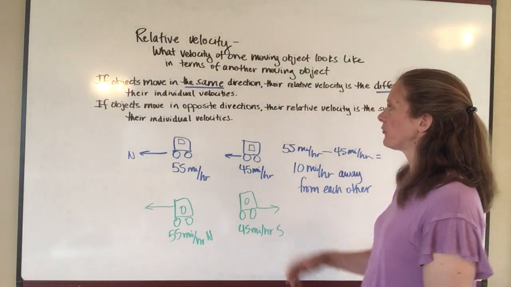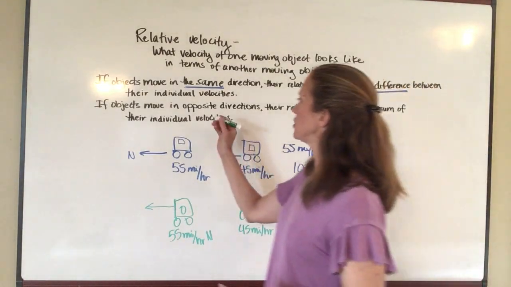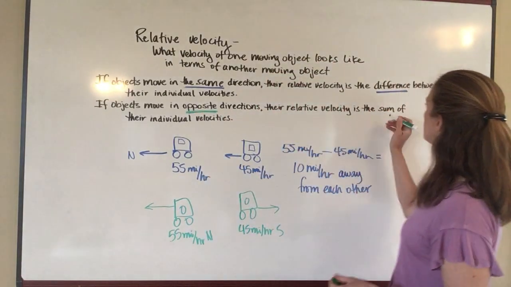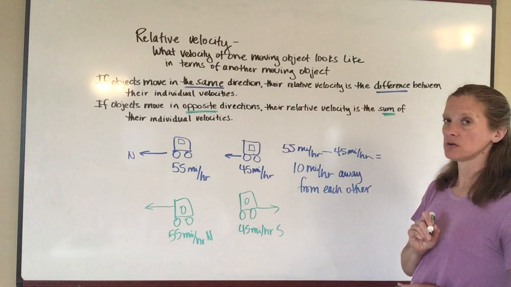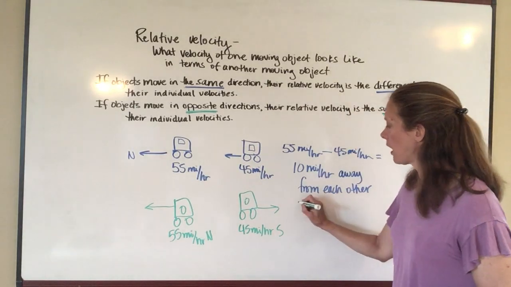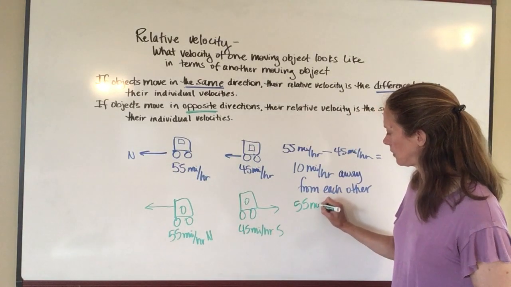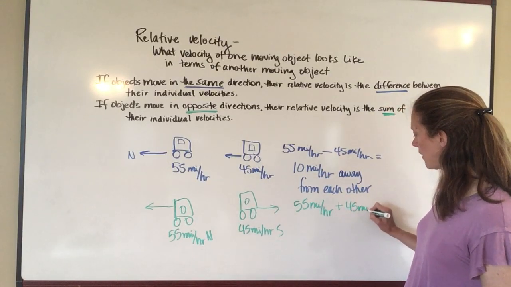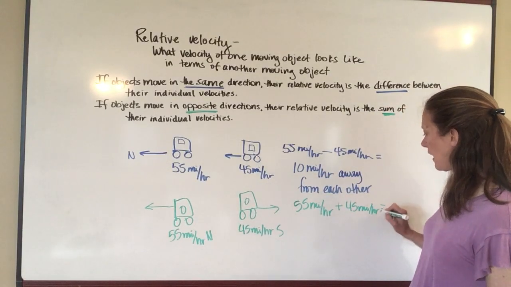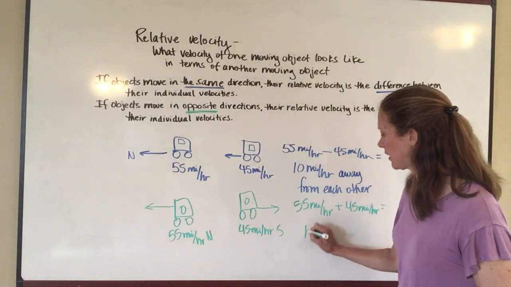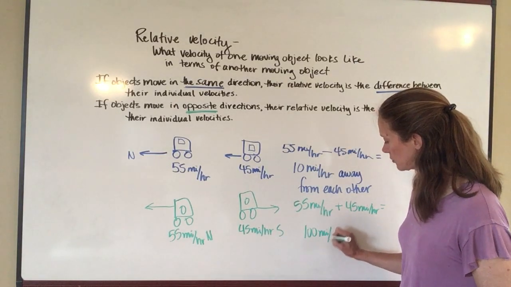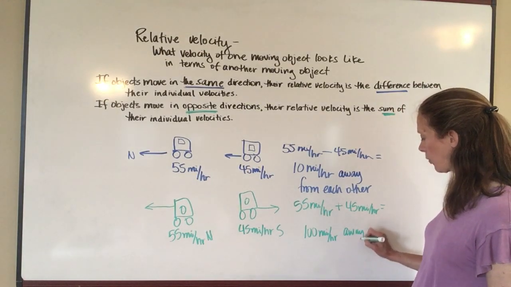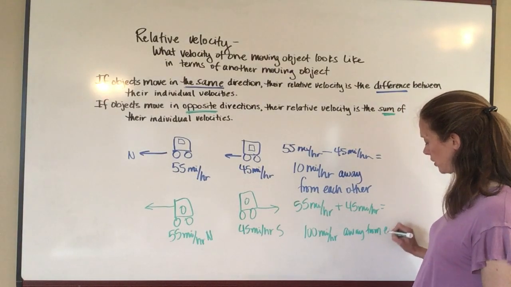And so the effect here is that if objects are going to move in opposite directions, their relative velocity is the sum of their individual velocities. So here, I'm going to take the 55 miles per hour and I'm going to add to it the 45 miles per hour. And this time I'm going to come up with 100 miles per hour, and they're still moving away from each other because of where they started.